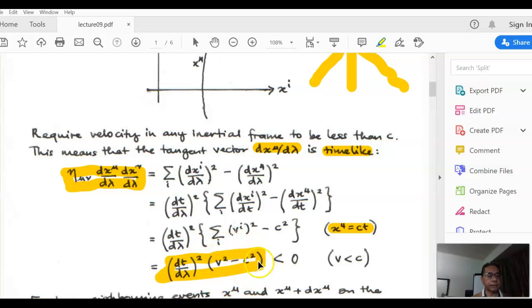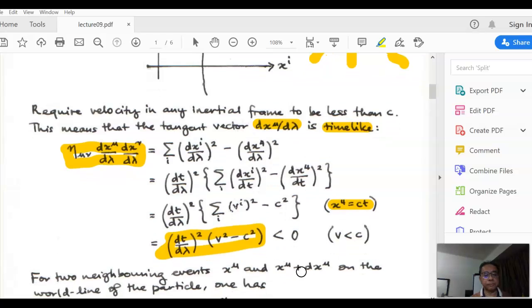So this will be a negative times something positive, so you get a negative quantity. And that verifies our earlier mentioned fact, that the tangent vector should be a time-like vector, which in this case gives a quantity less than 0, negative.